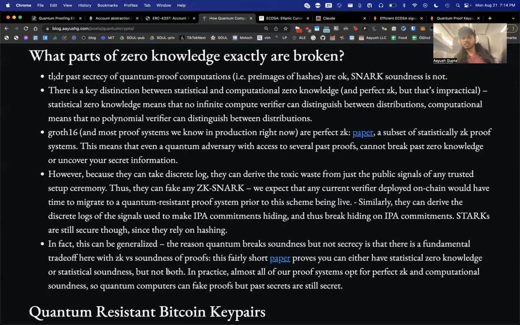There are many differences, but one difference is that starks are much faster to generate and have much larger proof sizes, but many of them are quantum proof because they rely on hashing, versus snarks, which usually rely on discrete log, and so they would not be quantum secure.